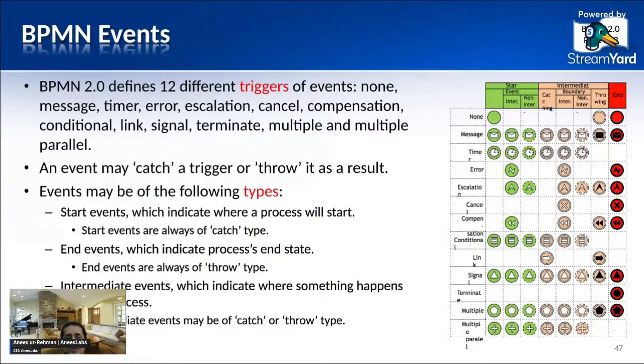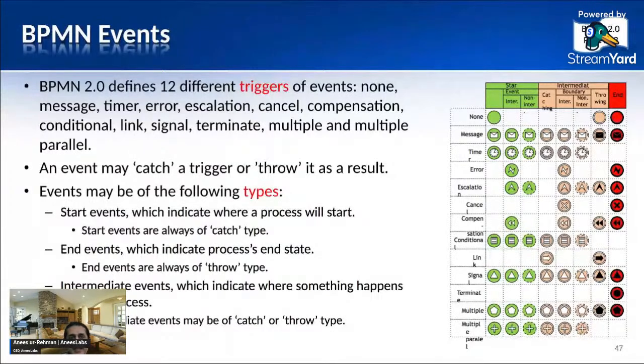Normally, most of the time, we use only two or three kinds of events: start event, end event, or timer event. Or if we need, we can go for a logical event. We can also write an error escalation event.